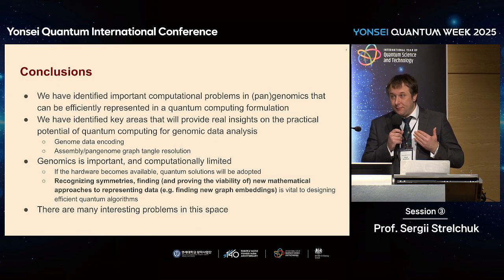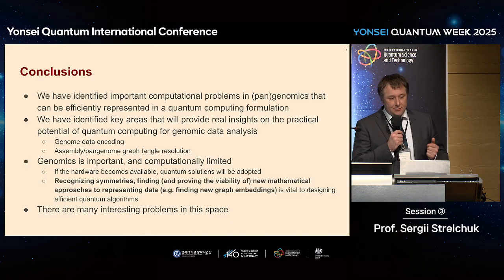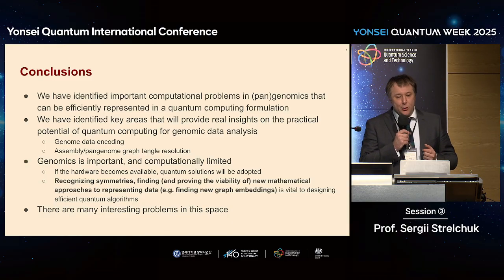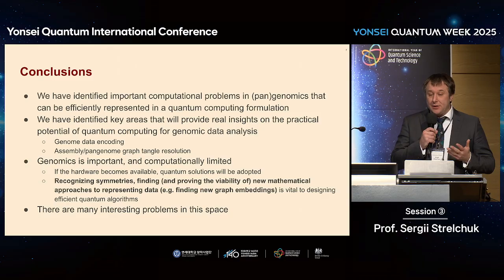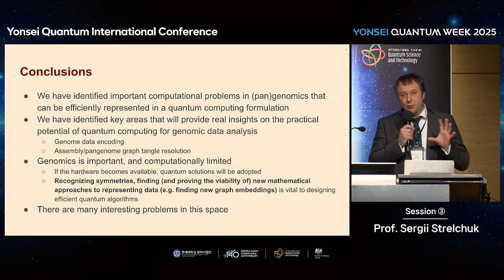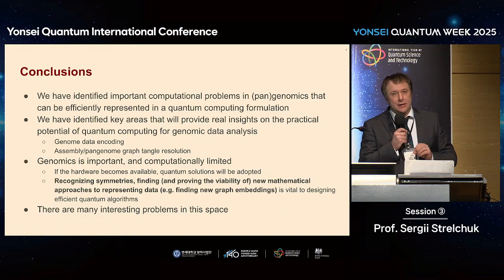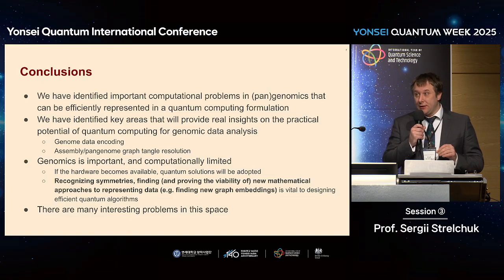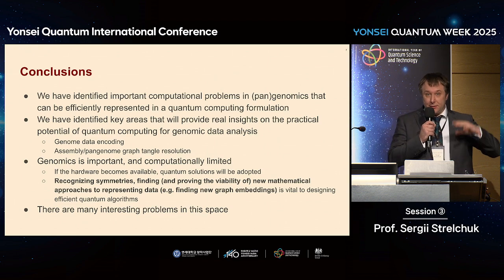We found some remarkably efficient data encoding algorithms. We looked at assembly and pangenome graph tangle resolution in its QUBO and QAOA formulation. Something I didn't mention here, but we also looked at phylogeny and building phylogeny trees, the history of mutation trees for various sequences.